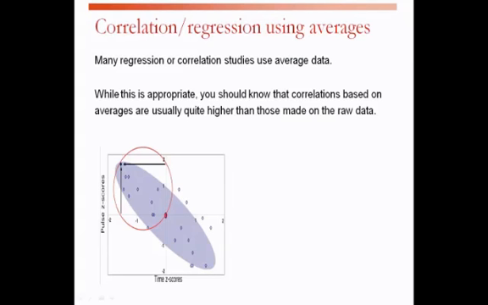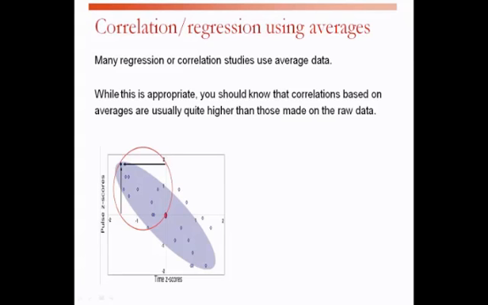We talked about this. Since correlation values are dependent upon calculating the deviation or standardizing the values, if instead of individual values we use averages, correlation and then by definition regression will give you a much stronger relationship than you would expect on an individual basis.